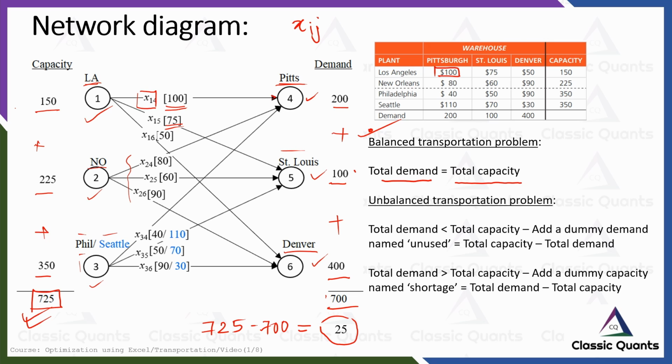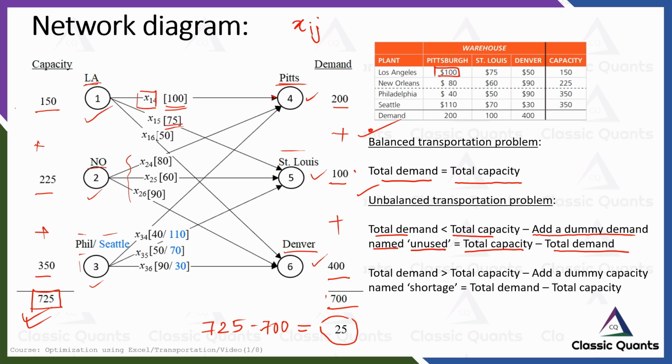Okay, and what is unbalanced? Unbalanced is when the total demand is not equal to the total capacity. If the total demand is less than the total capacity, then we will add a particular dummy demand center. We call it unused demand, and which will be equal to the total capacity minus total demand.